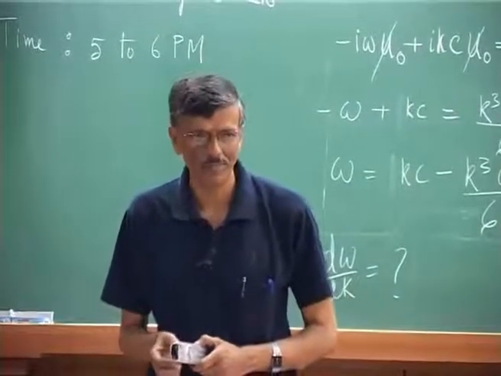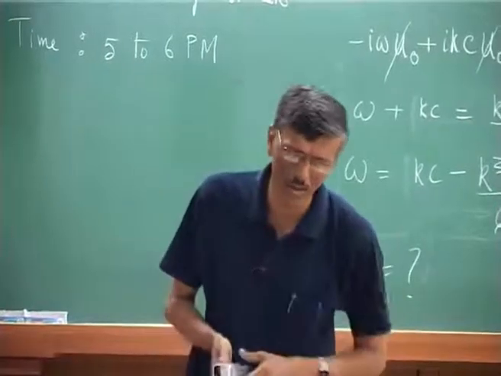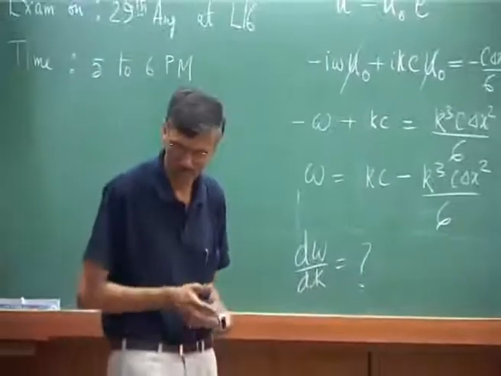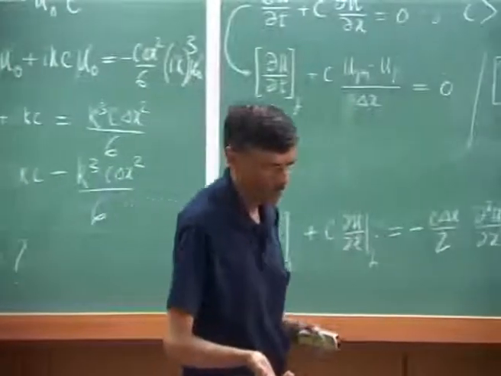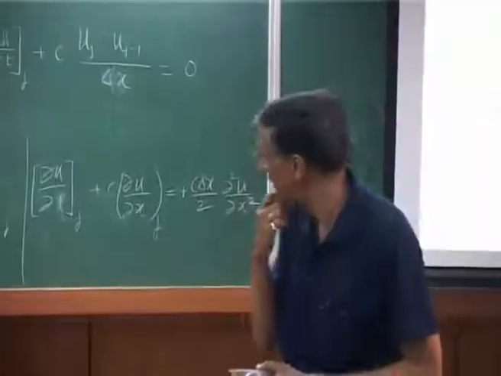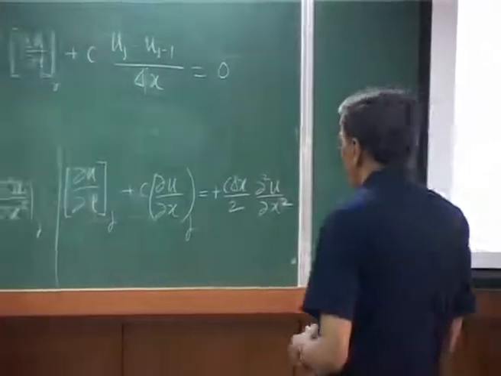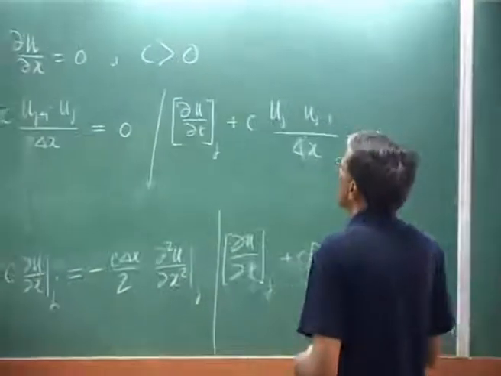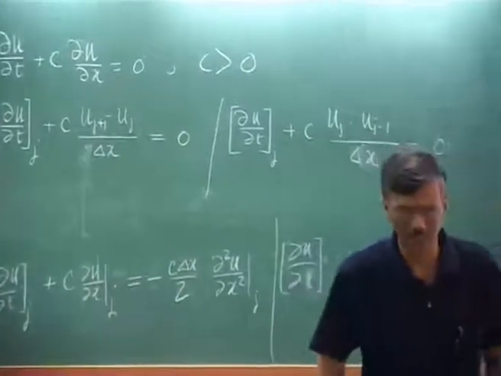So, then we have seen that if we develop a method, let us say, we will show it in the next class perhaps. What we find is that solving it by, let us say, a central method leads to some kind of numerical instability.